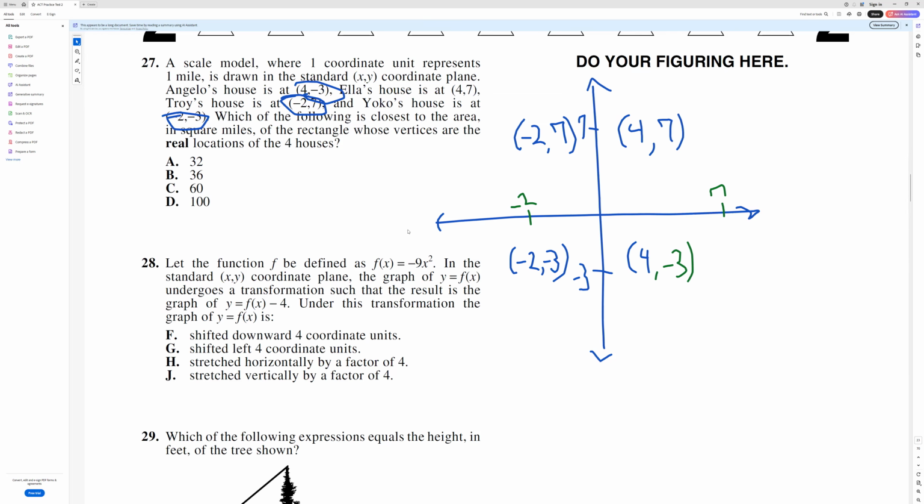Okay, so they want to know the dimensions of the rectangle. To go from -2 to 7, I need to travel 1, 2, 1, 2, and then 7 more, so that's 9. Actually, it's 4, from -2 to 4.